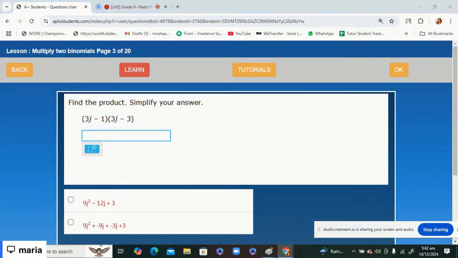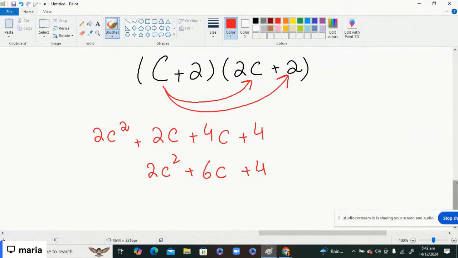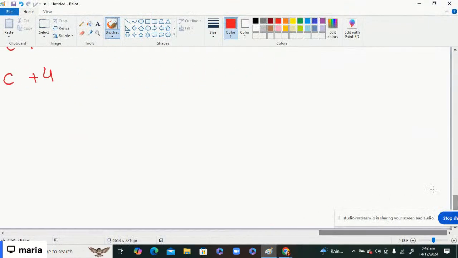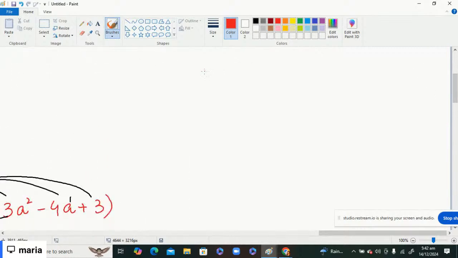3j minus 1, 3j minus 3. Let's do it. 3j minus 1, 3j minus 3.